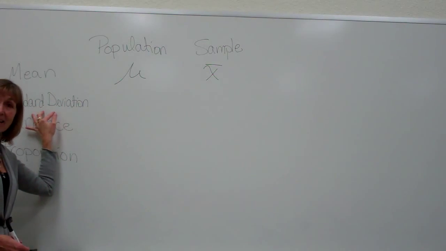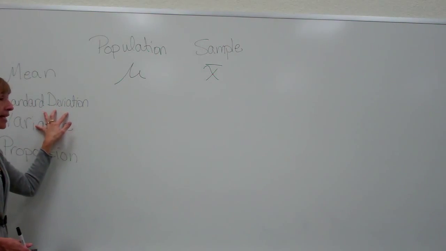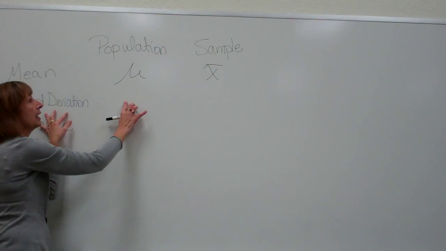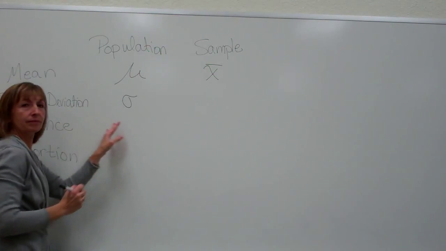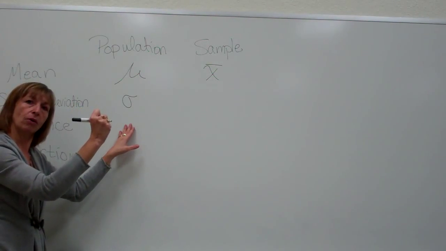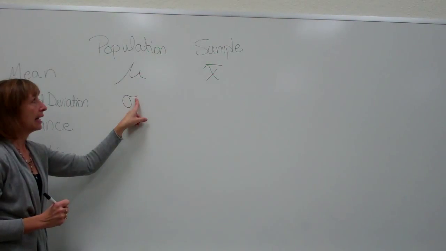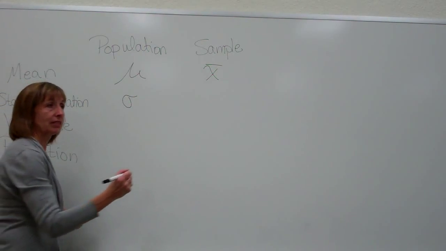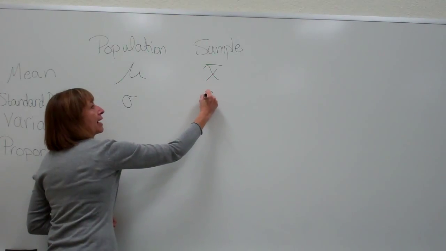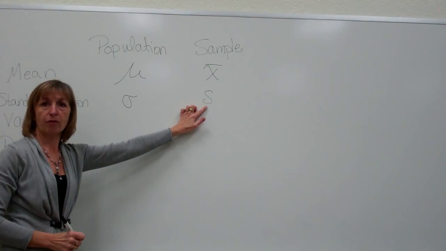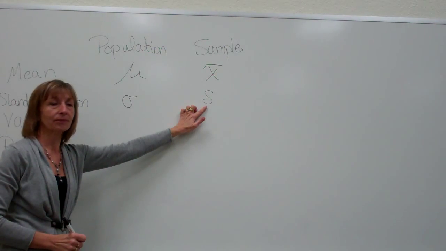Next up, how about the standard deviation? The standard deviation symbol for a population parameter is sigma, which kind of looks like a script O with a top on it. And for the sample standard deviation, we use S. Greek letters for the population parameters, English alphabet for the sample statistics.